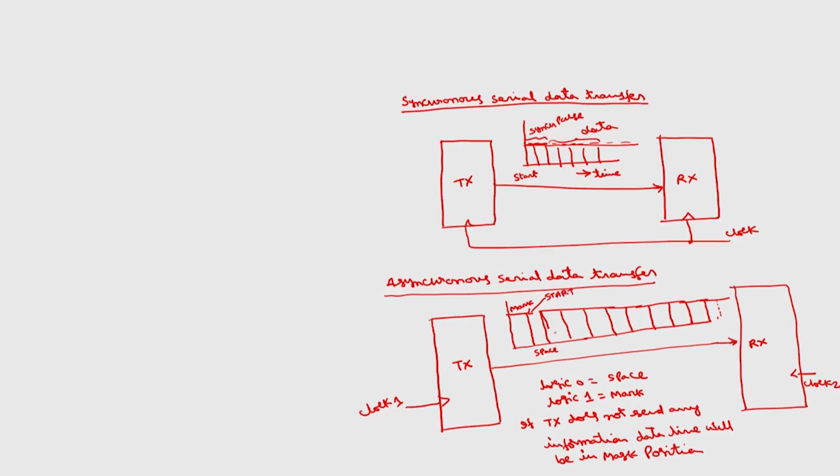This is the actual data from here to here: D0, D1, D2, D3, D4, D5, D6, D7, total 8 bits. This is an 8 bit character, you can call it character or data.